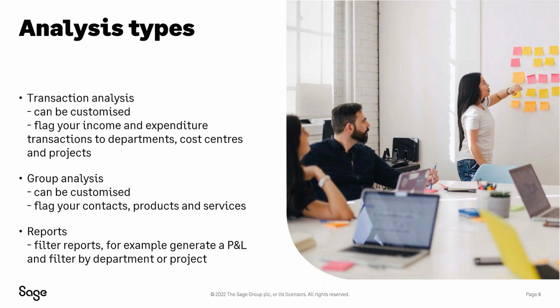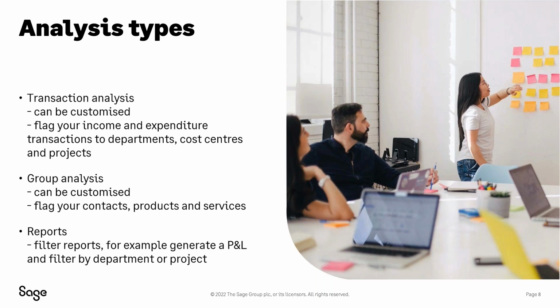You can flag them accordingly and report on that as well. You might have certain account managers set up as an analysis type, in which case within your customer record you could say the account manager for this customer is, and select one of your account managers from the list.